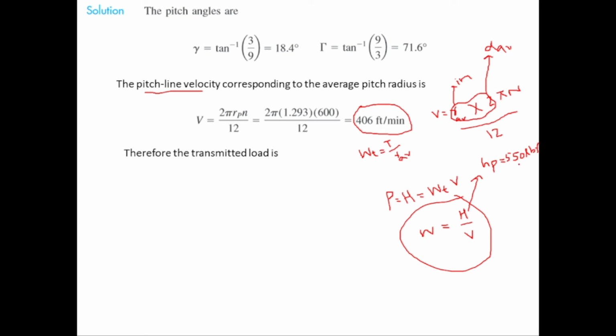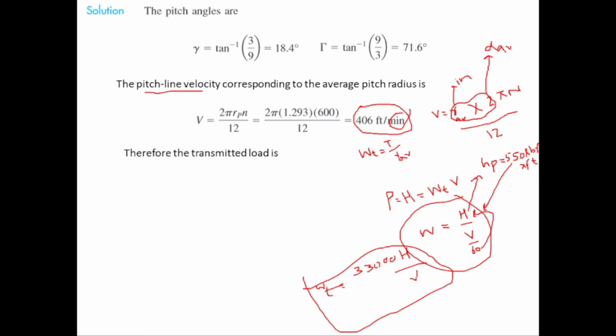So instead of minute, replace it by 60 seconds. So 60 will come up to the numerator, and 60 multiplied by 550 equals 33,000. So Wt is equal to 33,000 H by V, as H is 5 horsepower and V is 406 feet per minute. Put these values, we will get Wt equals 406 lbf.